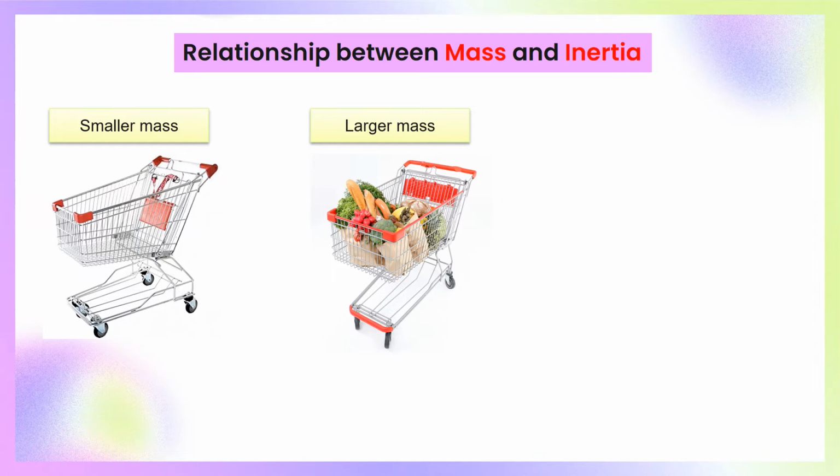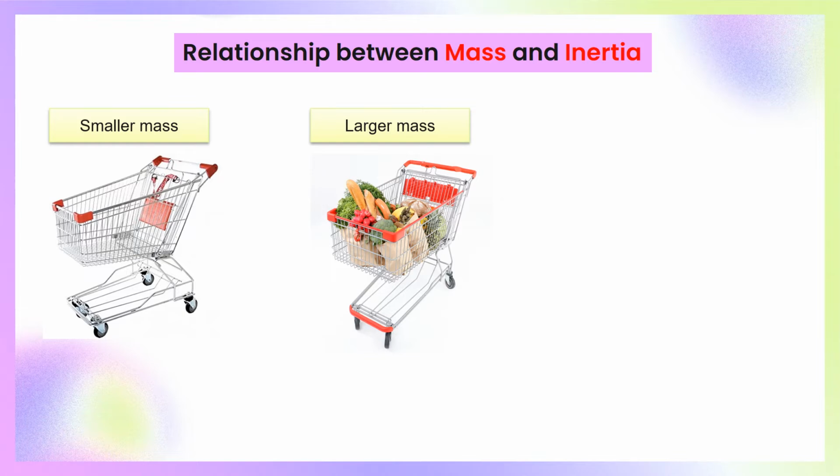Okay, let's think. Which one is easier to push? Yes, the empty trolley is easier to push than the trolley with groceries when they are initially at rest, and when they are moving, it is also easier to stop the empty trolley than the trolley with groceries. Why does this happen?